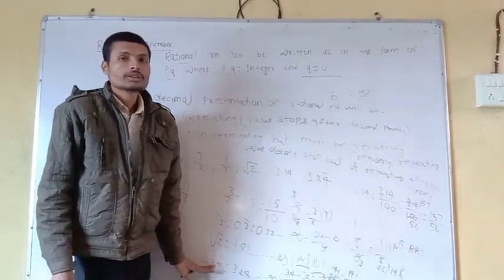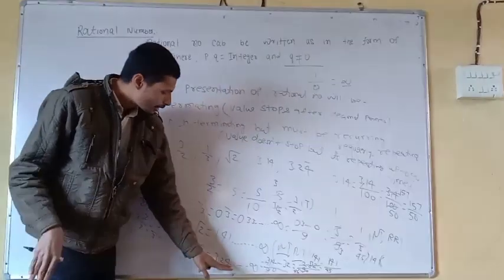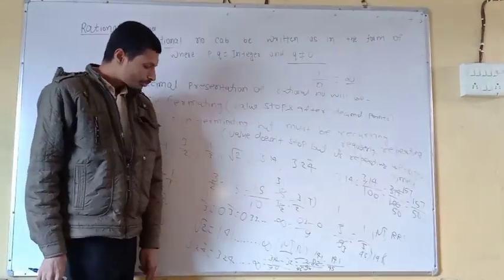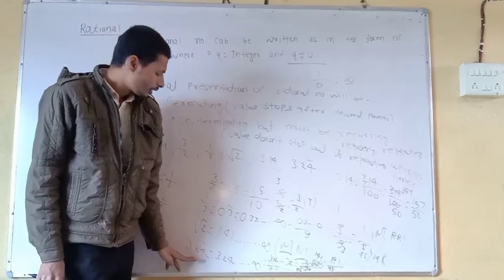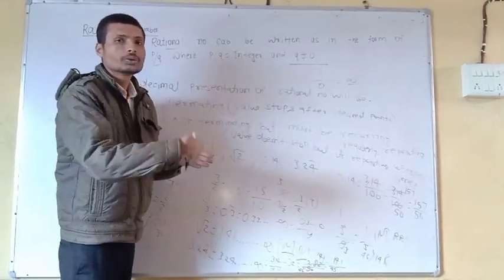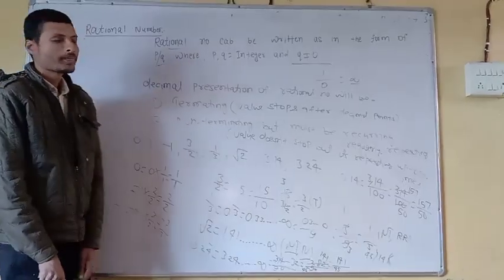It doesn't stop after the decimal point, it goes to infinity, but it is regularly repeating because there is a 4 which keeps repeating over here. So we can write it in the form of p by q.